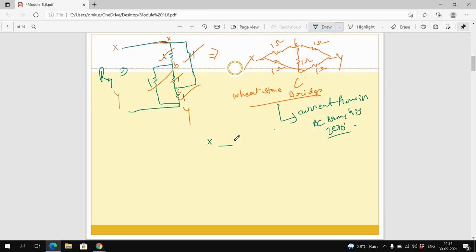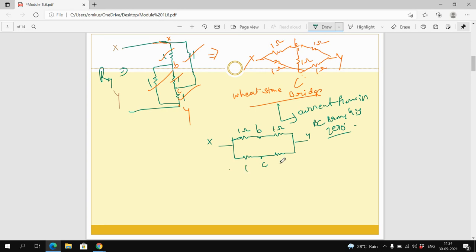This is x, and this is a 1 ohm resistance, and this is a 1 ohm resistance. These are connected in parallel, okay? Because this is the B and C node, and this is the XY node. If current is not flowing in that branch, you can remove that branch, okay? And the net circuit looks just like that.